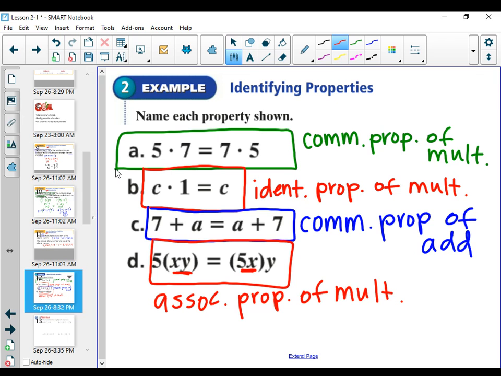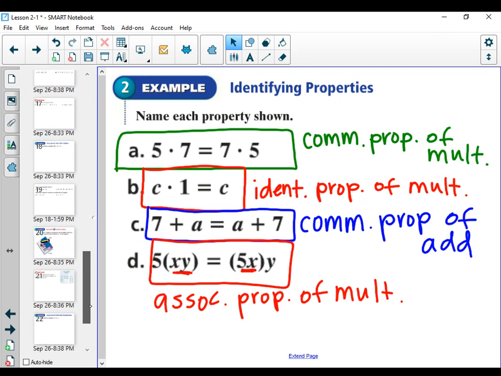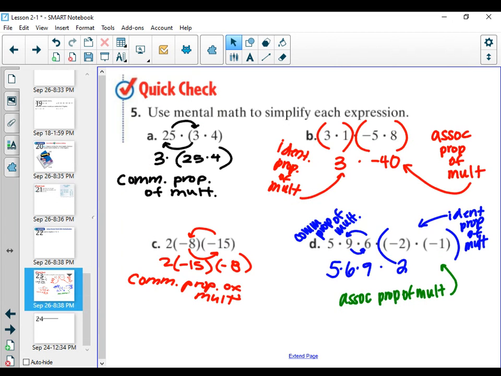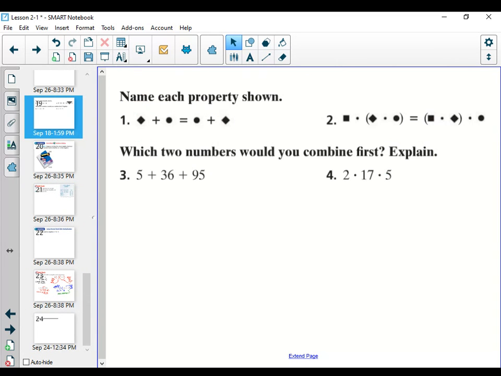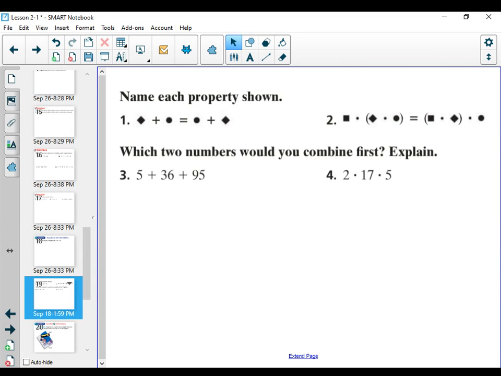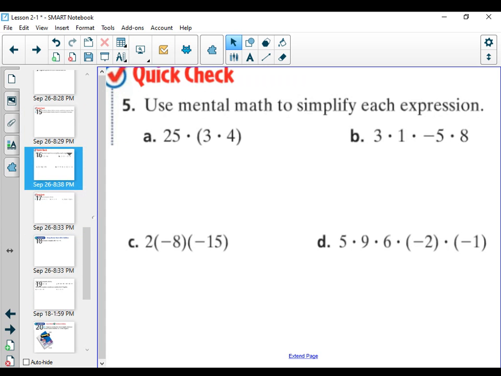So the first goal was to be able to identify which property. The second goal is to be able to identify which property you're going to use when. If you have your note page, you might need to turn over to the back for more room.